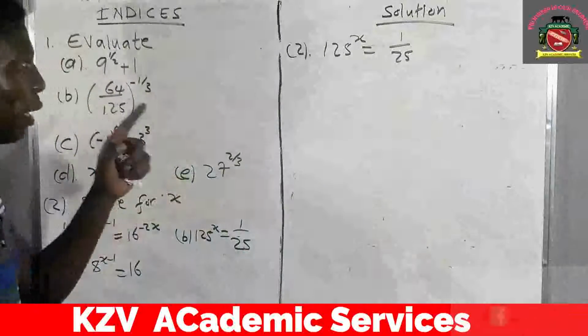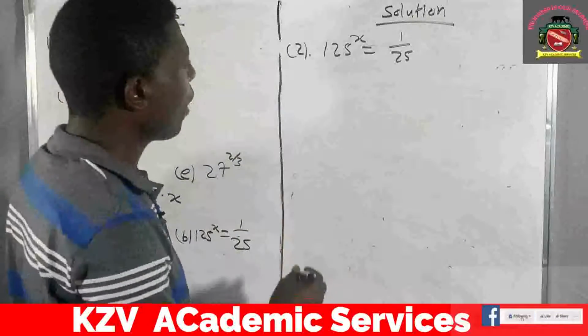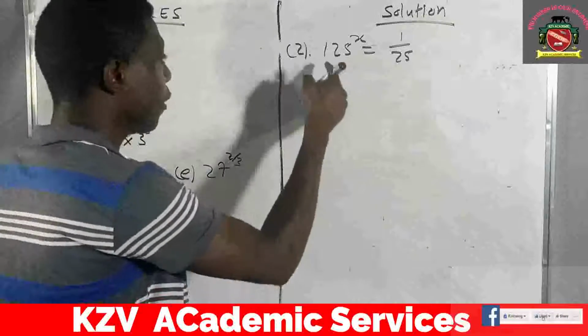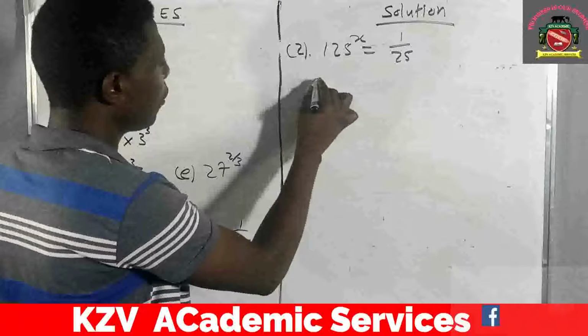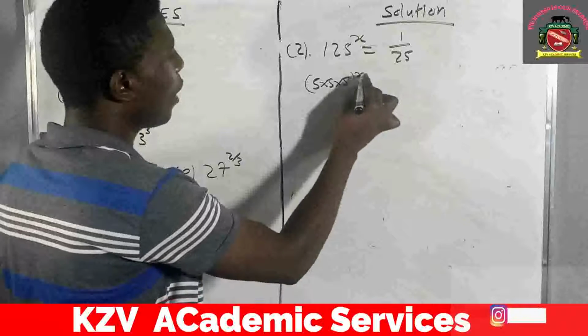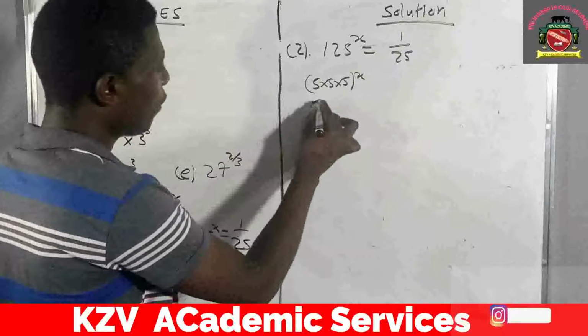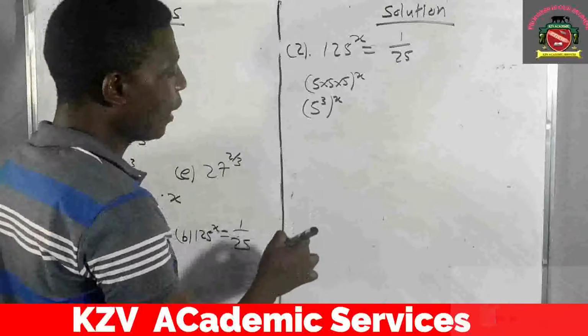Now this 125, I can rewrite in terms of the lowest base, because this one is 5 times 5 times 5, to the power x, which gives us 5 to the power 3, all to the power x. What does it mean?